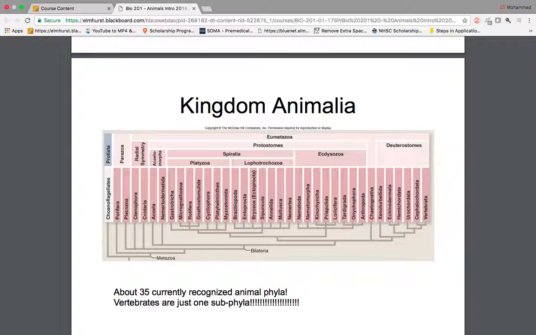How many birds? A lot. About twice as many, 10,000 birds, okay? How many amphibians? Not as many, about 2,000. How many reptiles? About the same as the number of mammals, about 5,000.